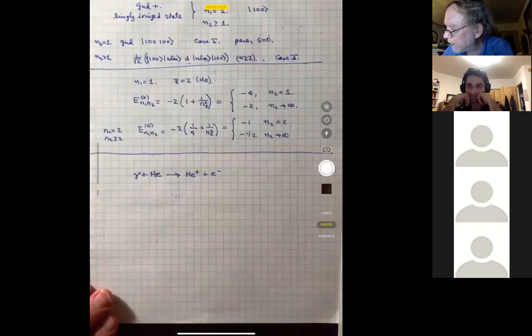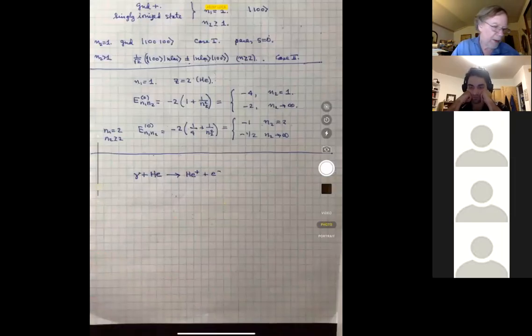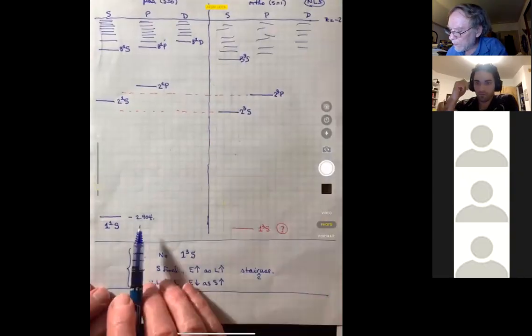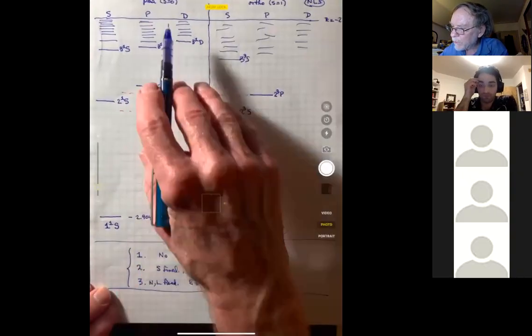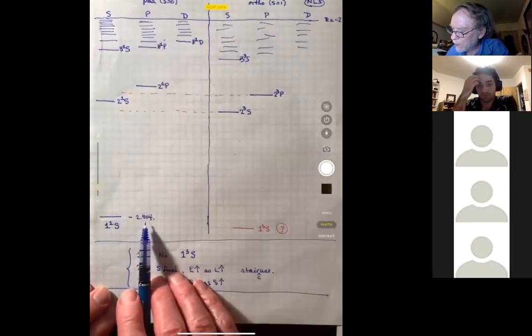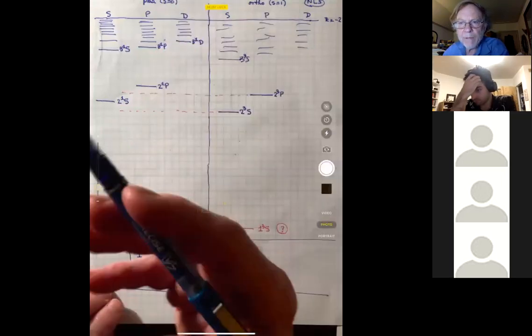Now, if I go back to the real energy diagram of helium, the ground state is at -2.904, and the continuum threshold is at -2. So you need to have a photon energy of at least 0.904 atomic units in order to eject an electron. You've got to have at least that amount.